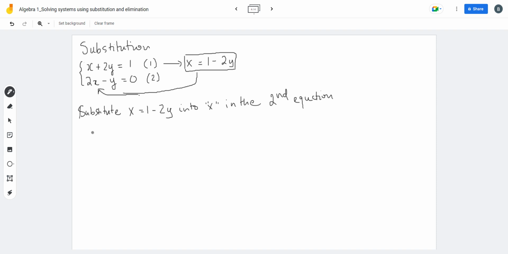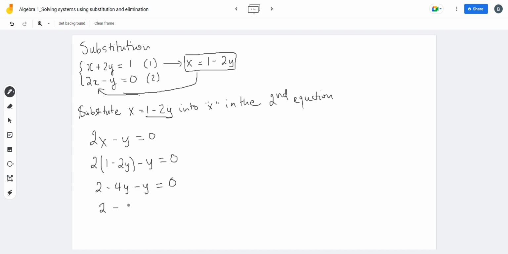So we would have 2x minus y equal to 0, or 2 times 1 minus 2y, minus y equal to 0. Then you multiply the 2 in, so you have 2 minus 4y minus y equal to 0.